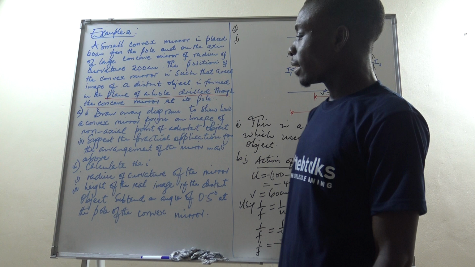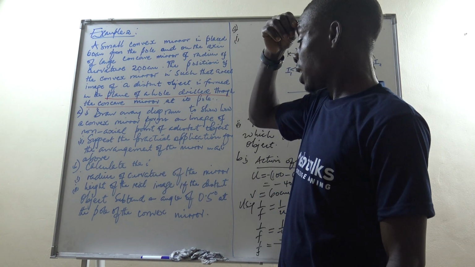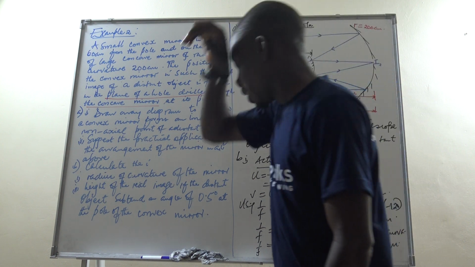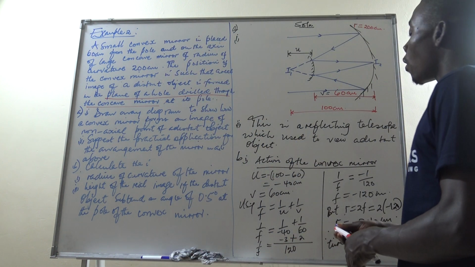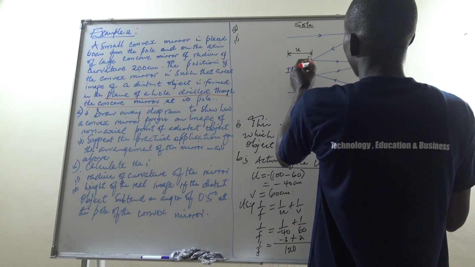And now they're telling us that we should also calculate the height of the real image if the distant object subtends an angle of 0.5 degrees at the pole of the convex mirror. Where is the pole of the convex mirror? The convex mirror has its pole here.